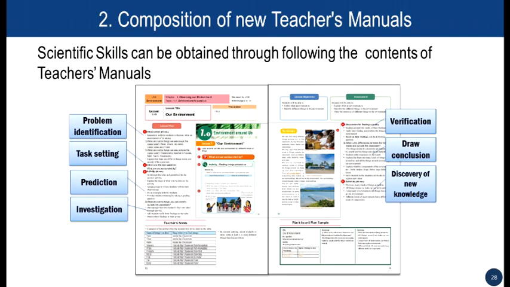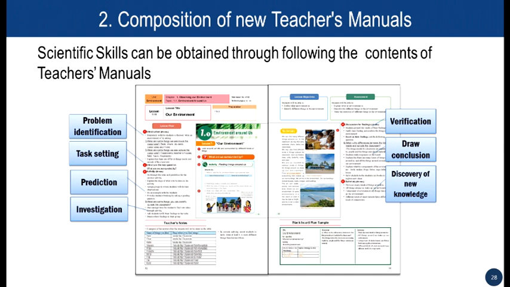In the science teacher manual, the scientific method is used. Now we are going to look at an example of a lesson, and we'll go through the different methods used. Firstly, you have the problem identification. Then the activity set. Before the students do the activity, they have to do the prediction.